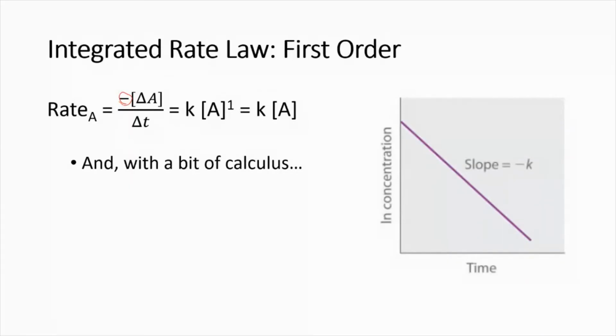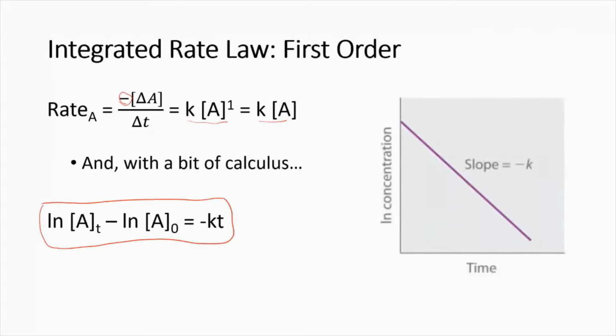So when I write my rate law for reactant A to the first power, rate equals k[A] to the first power, which is k times the concentration of A, and I can do some calculus to come up with this formula for a first order reaction.